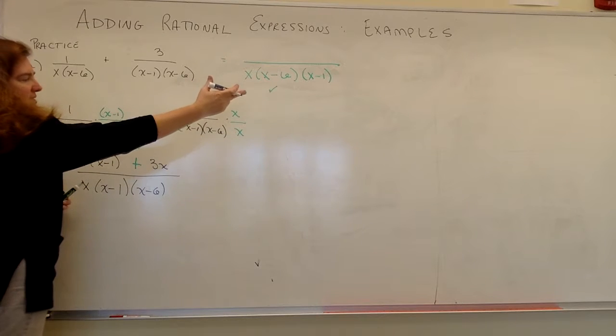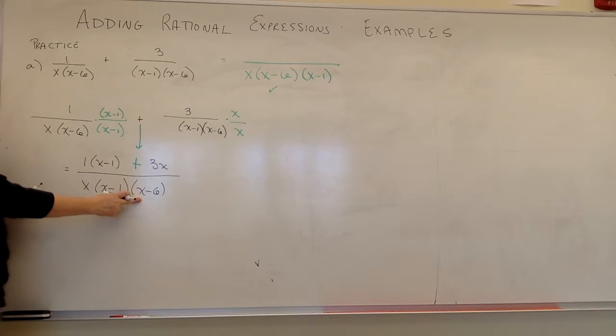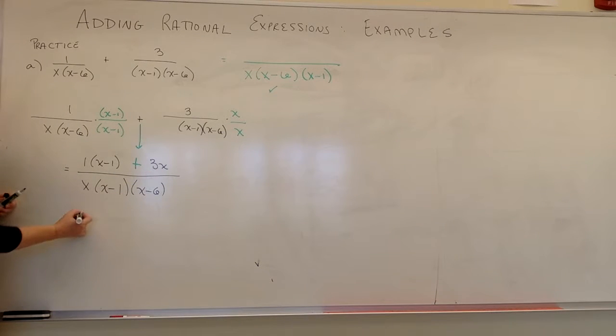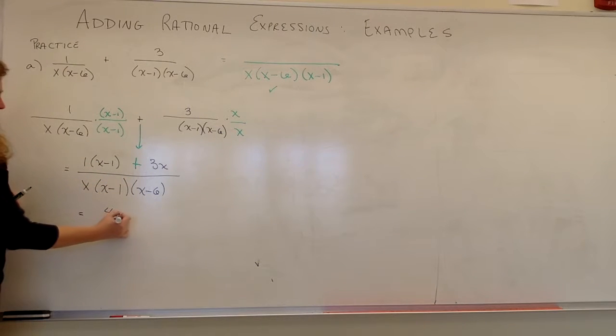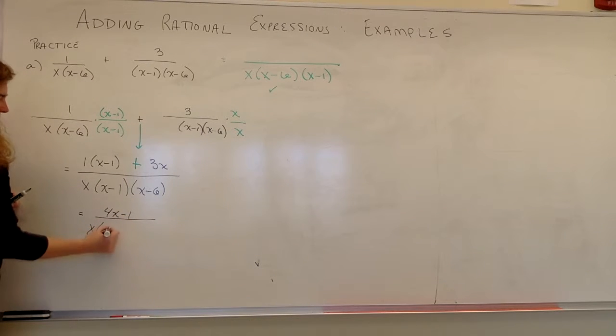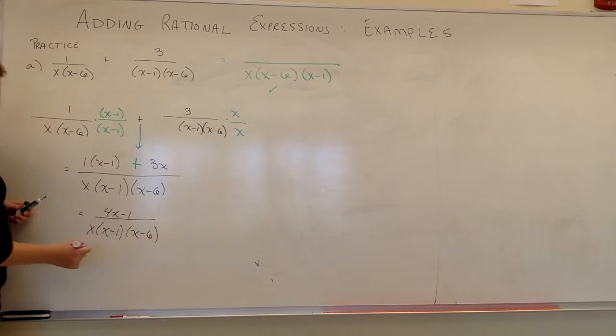So x minus 6, x minus 1, or x minus 1, x minus 6 doesn't matter. Now I combine like terms, and I have x minus 1 plus 3x, so that's 4x minus 1 over x times x minus 1 times x minus 6.